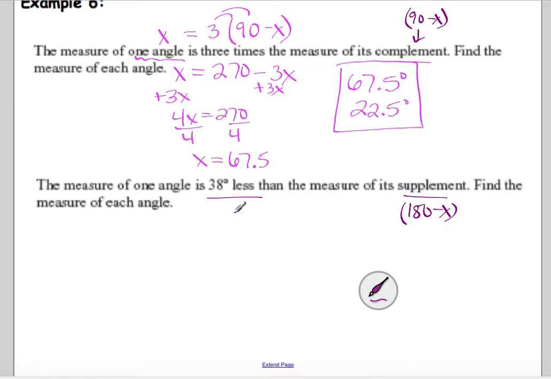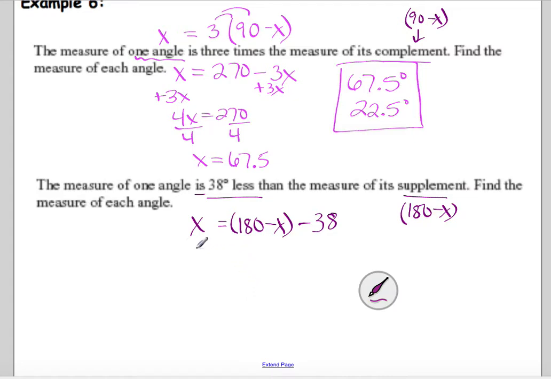So we take our supplement, and then subtract from this 38 degrees. And that is equal to the angle, which we don't know. So here's our equation: unknown angle equals the supplement to that angle less 38 degrees, so minus that 38 after your supplement.